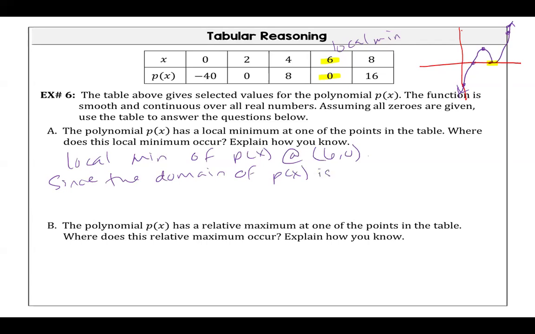Since my domain of X is negative infinity to infinity, and we can read the graph, as we're reading our table, what happens from here to here? We are increasing.